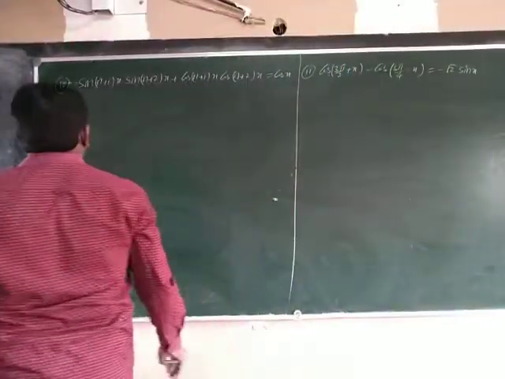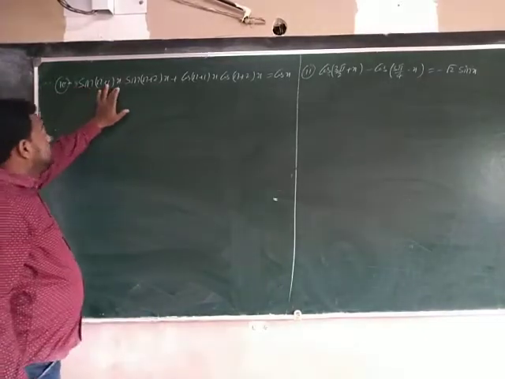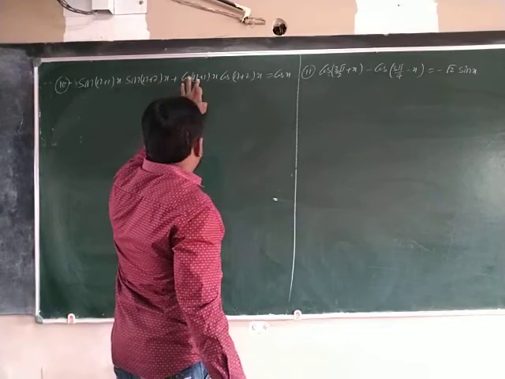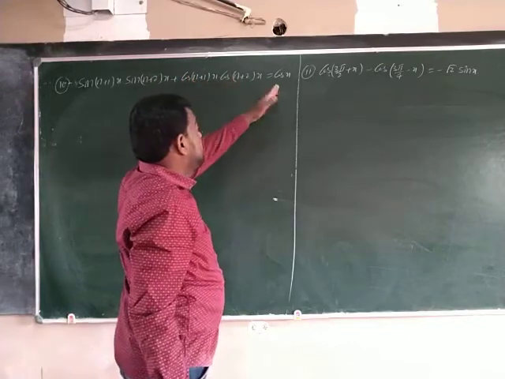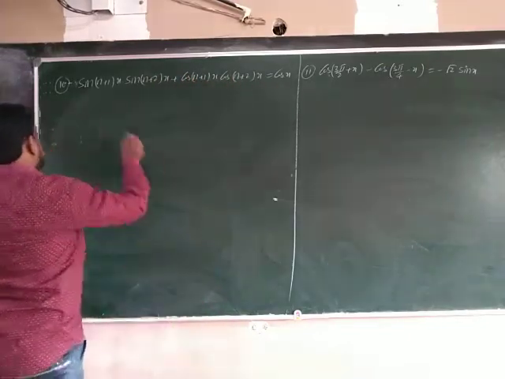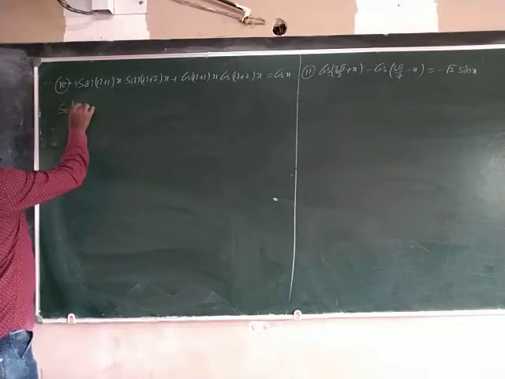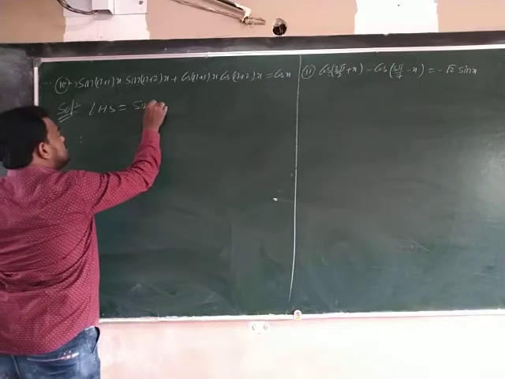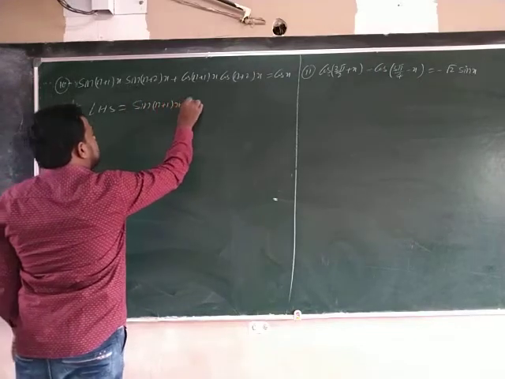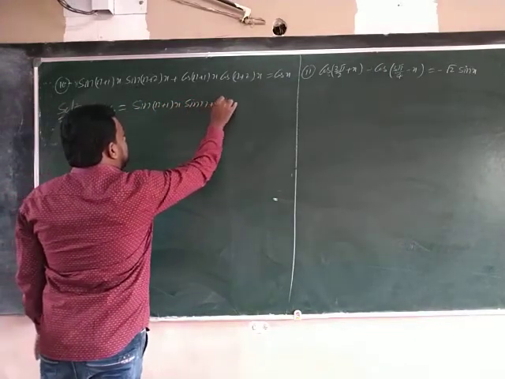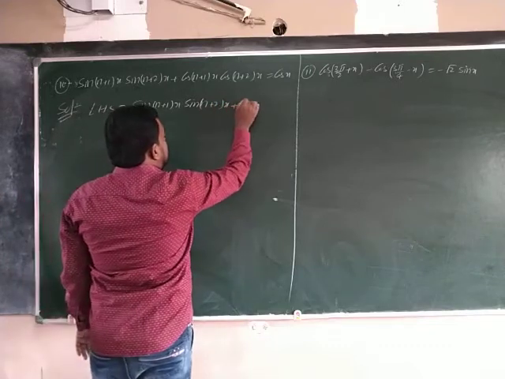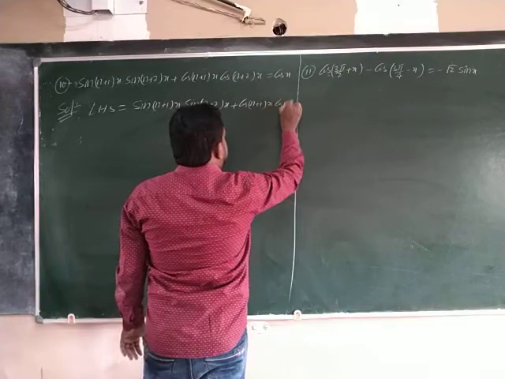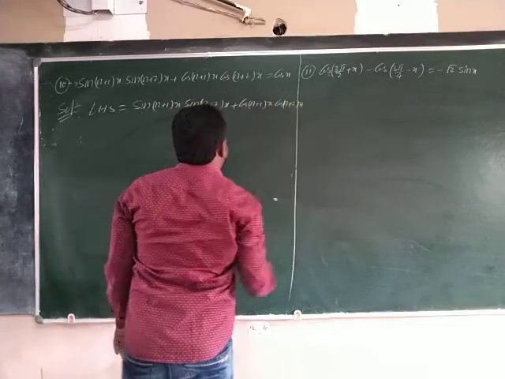10th question. Sin of n plus 1 into x into sin of n plus 2 into x plus cos of n plus 1 into x cos of n plus 2 into x is equal to cos x. Proof: you see, simple one. I'm taking LHS. LHS is equal to sin of n plus 1 into x sin of n plus 2 into x plus cos of n plus 1 into x cos of n plus 2 into x.